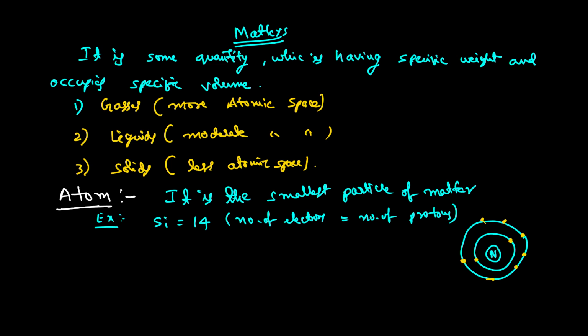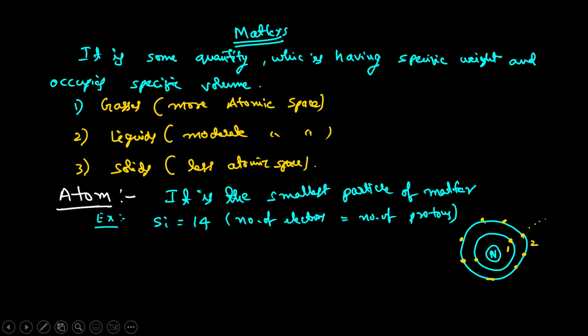And similarly in the third orbit. So this one is the first orbit and this one is the second orbit and so on. The number of orbits depends on the atomic number. Now here I wrote a total of 10 electrons, so this atomic number is 10.